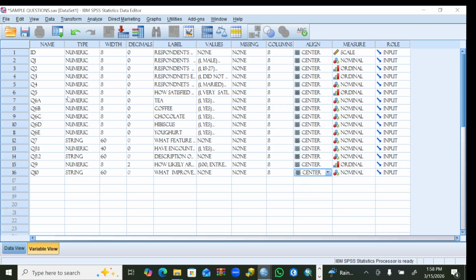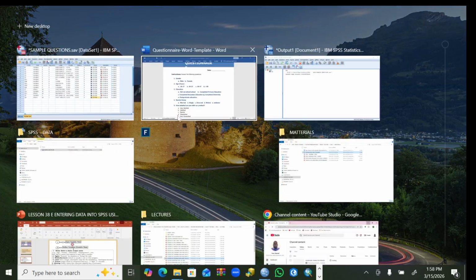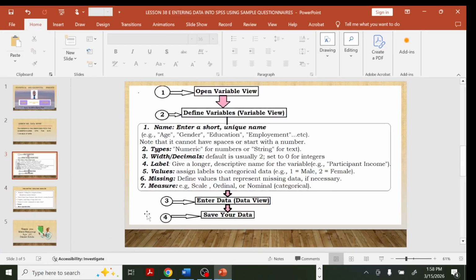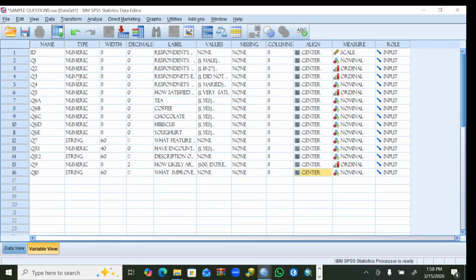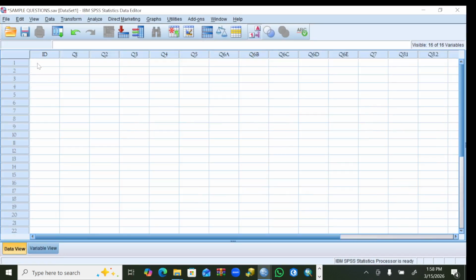So far, when you follow from the instruction to enter the data, after having completed step number 2, step number 3 is enter the data. So we're going to enter the data in the data view. So this is the variable view, and here we have the data view.